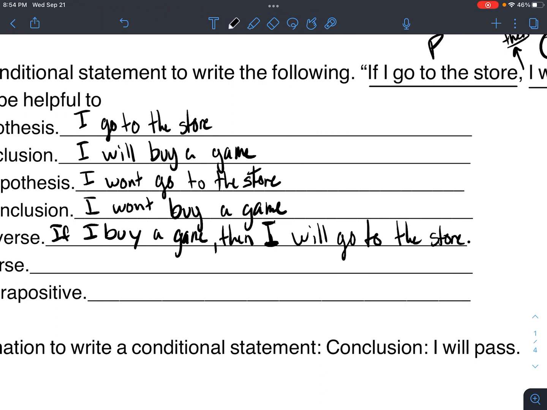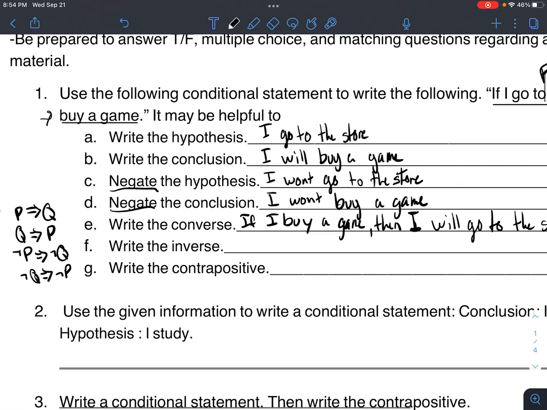And remember, these statements don't have to be necessarily true or make sense. Conditional statements and their inverses, their converses, their contrapositive, they don't necessarily have to make sense. It's just flipping the order things go.